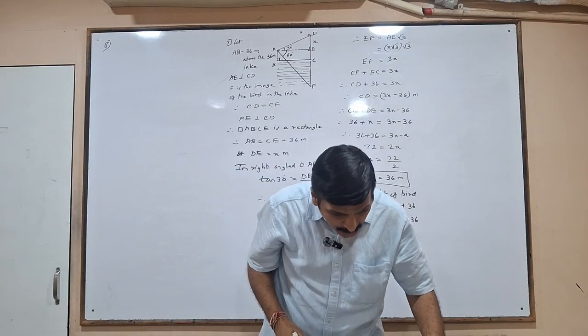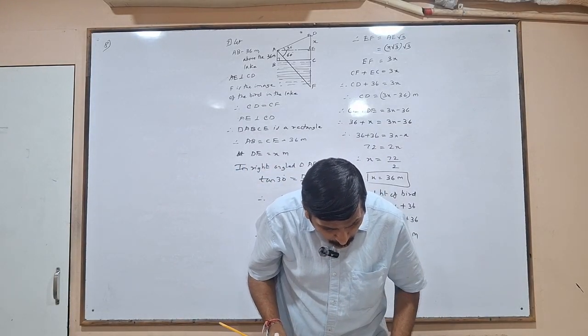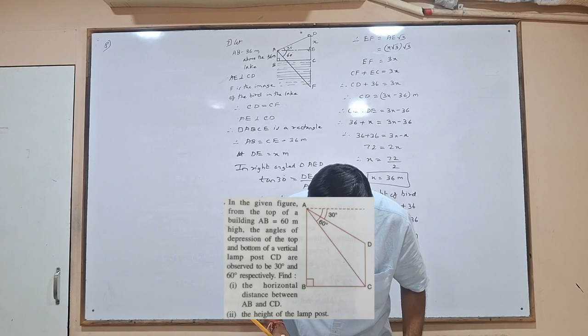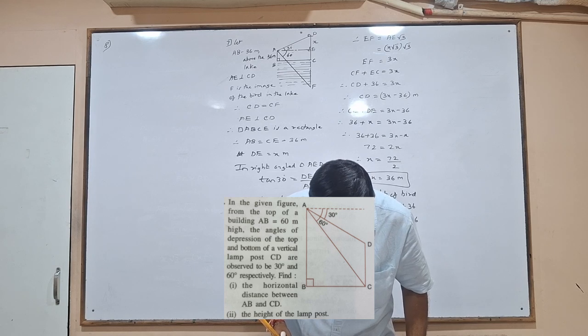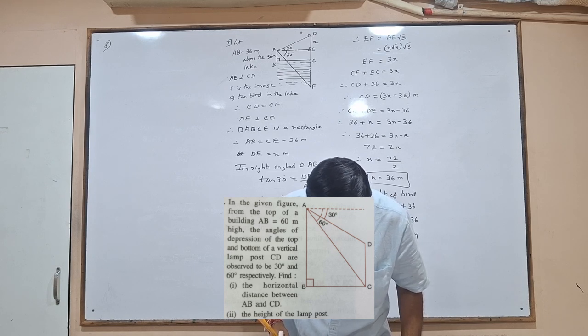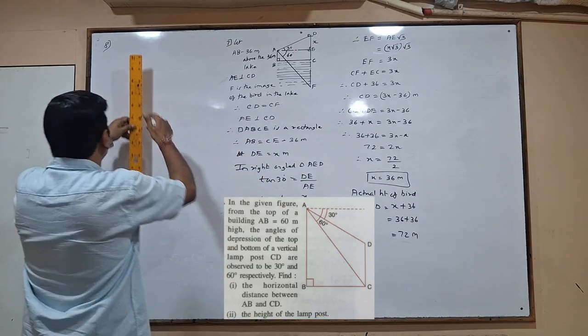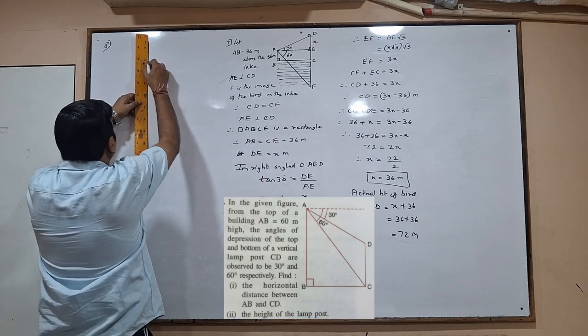Question says, in the given figure, from the top of a building AB 60 meter high, the angles of depression of the top and bottom of a vertical lamp post are 30 and 60. Okay, the figure is there, already drawn.